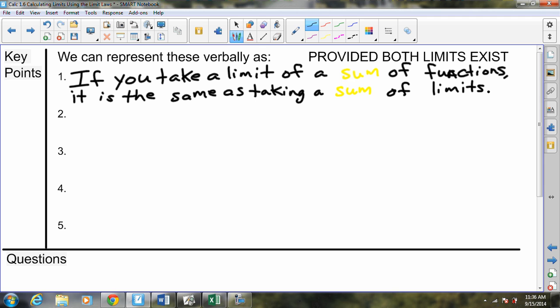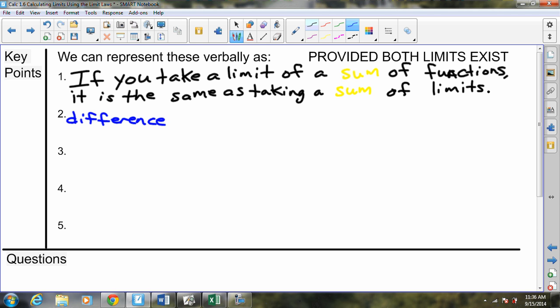for the first part, if you are going to take one limit of two functions being added together, another way you can do it is to split it up as two limits and add up the two limits with smaller, simpler, easier functions. And you notice how I had yellow written there for sum? Change it to difference. And it's the exact same thing for number 2.